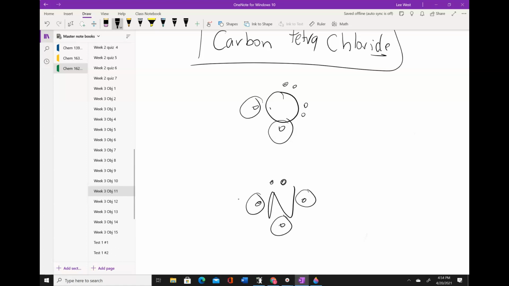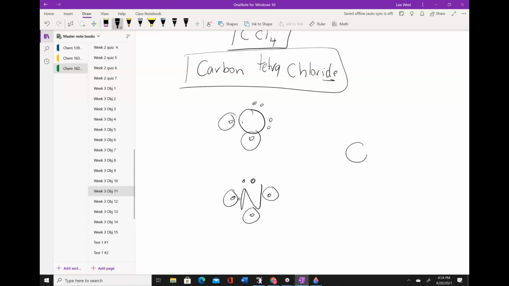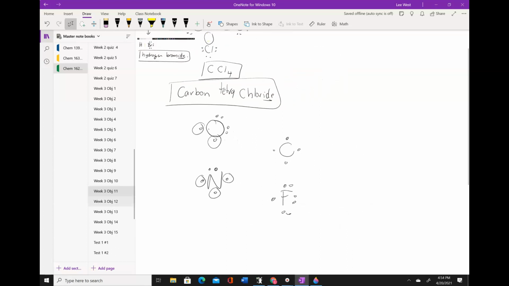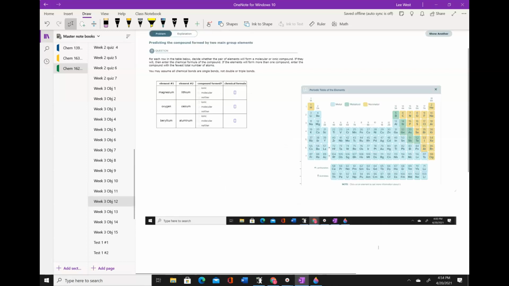Doesn't always, but that's the typical bonding pattern. Carbon, 1, 2, 3, 4, I expect it to make 4 bonds. Fluorine, I'm rushing this a little, has 7 valence electrons. I expect it to make 1 bond. So that concept of octet valencies can be really helpful.